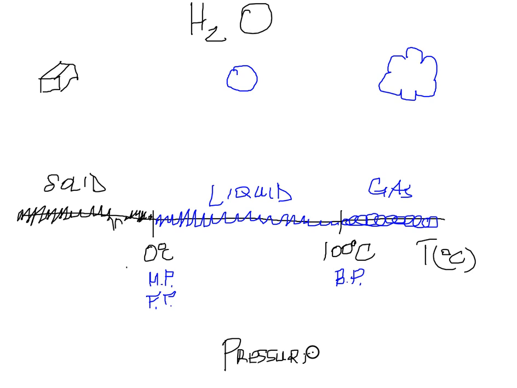What we haven't actually indicated here is the fact that for a diagram like this, pressure must be held constant. In other words, it's the kind of experiment that you could carry out at home, for example.